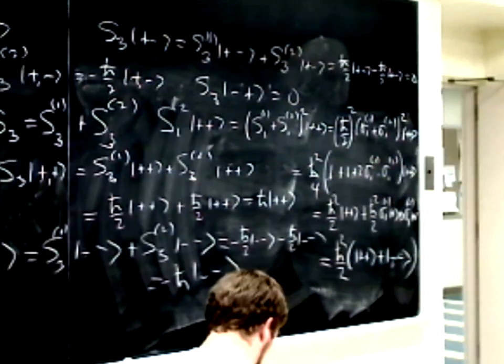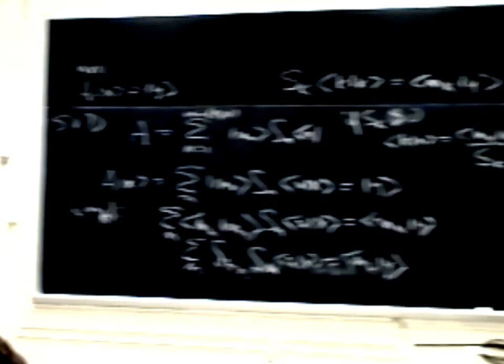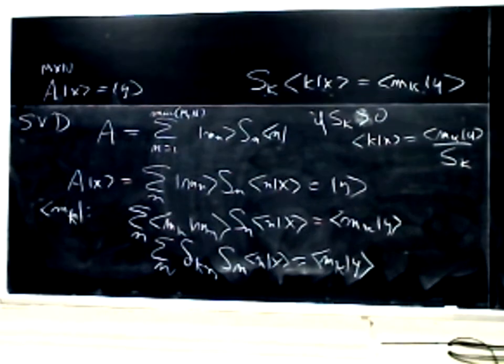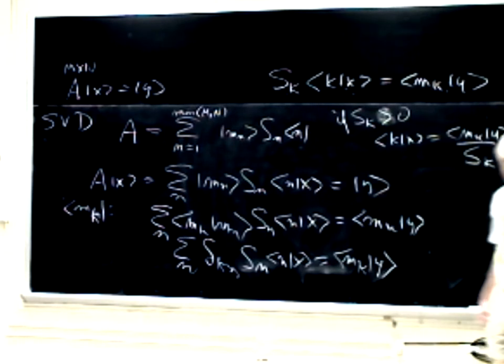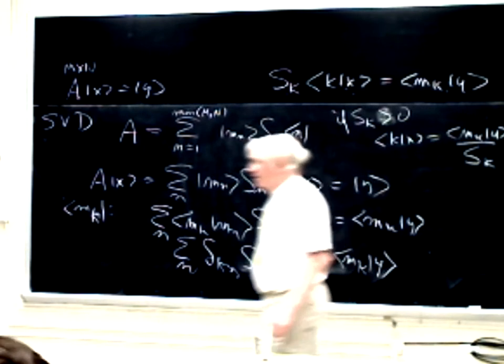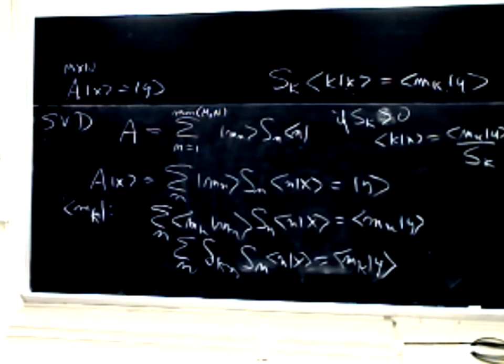All right, let me skip to this blackboard. Yeah. Before we go on, how did that turn into a minus again? Well, sigma 1 is this matrix.